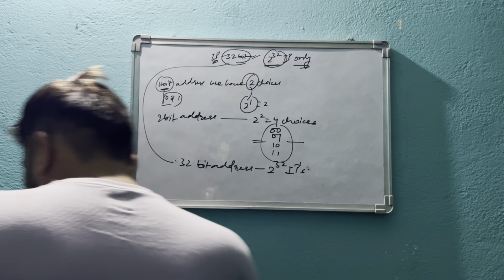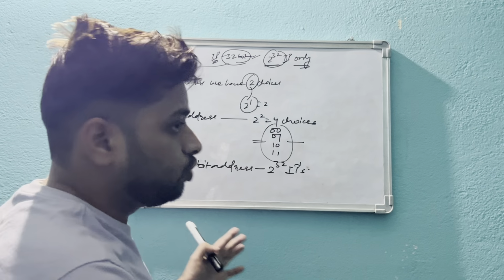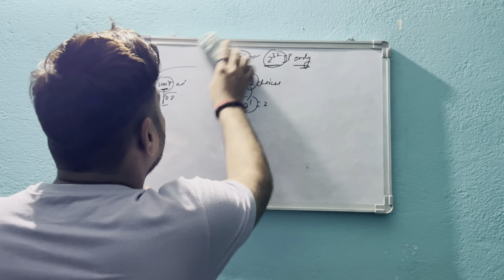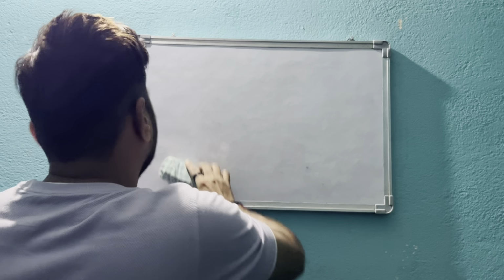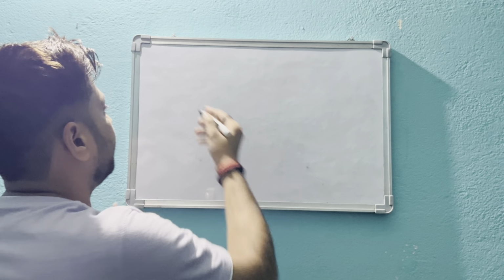Yeah, I've seen a lot of guys face issues while remembering these power terms. So to make it a little bit simpler, I would just give a brief of it.